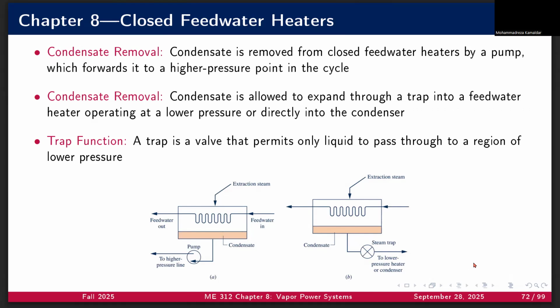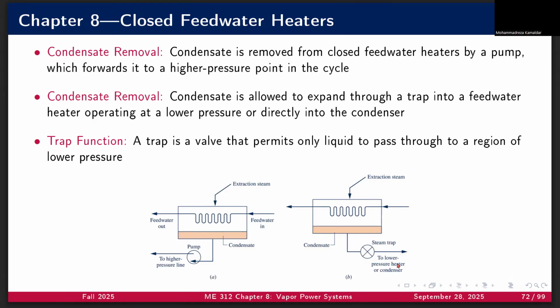It holds back steam, but lets condensate pass to a region of lower pressure. So by preventing steam from passing through, the trap maximizes the heat transfer inside the heater and ensures that only liquid, the condensed steam, is sent to the lower pressure part of the cycle.